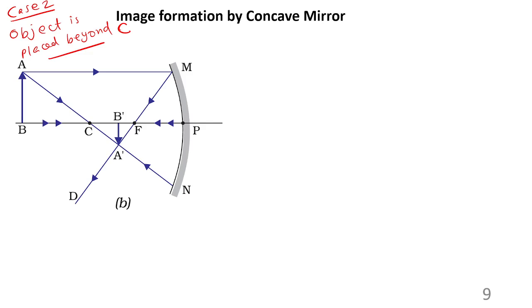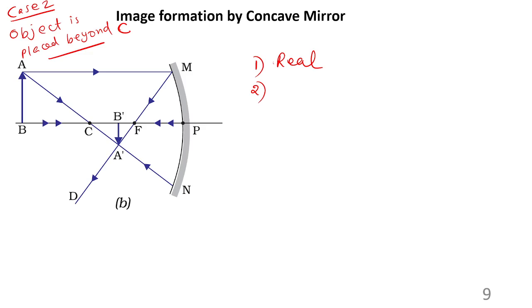So let me write, the nature of the image is very, very important. The nature of the image is real. Image is real means we get the image on the screen. If the image is obtained on the reflecting side, the left side, it will always be real.